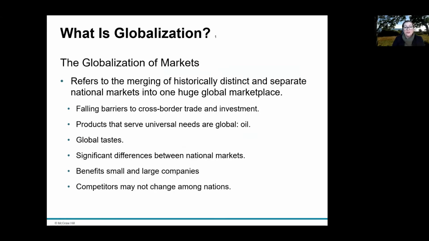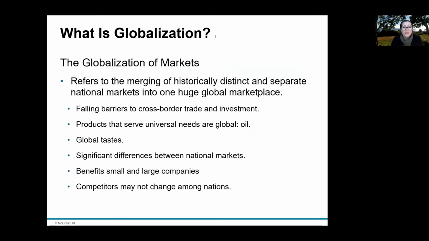The globalization of markets is about bringing together historically distinct geographies, historically distinct separate national markets, into the one marketplace, one global village. And this globalization of markets has been facilitated because of decreasing trade and investment barriers across geographic borders.